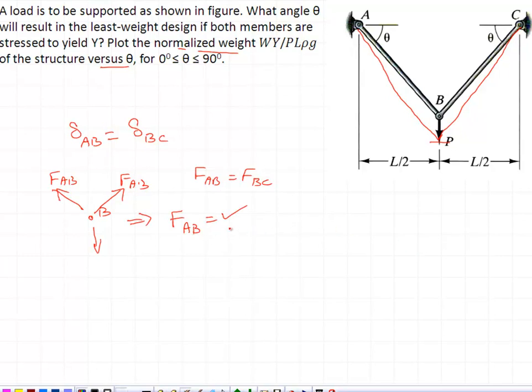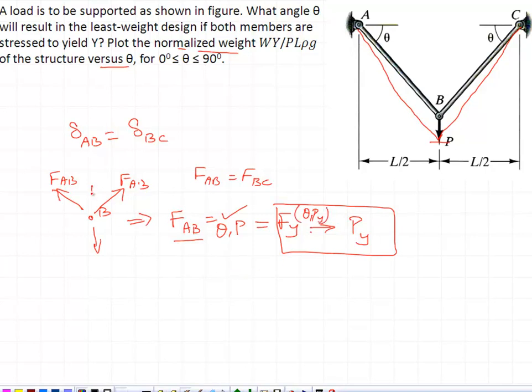Now, if it has to be stressed to yield, this should go to Fy. Remember, this will be in terms of P. Please remember, by solving the equilibrium, this will be a function of P and theta, and therefore we will get Fy as a function of theta and Py.